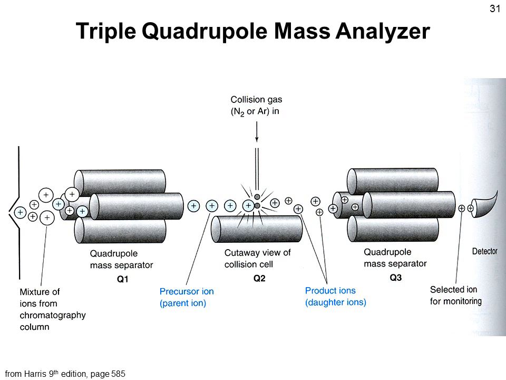This quadrupole is scanned over a certain m/z range, and then the ions enter the detector to provide signals. Triple quadrupole mass analyzers can be used in different ways and are very frequently used in bioanalysis, as we will see later on. In this case, the use is to gain structural information about the ion that passes the first Q1 filter by looking at its fragments that are analyzed in quadrupole Q3.